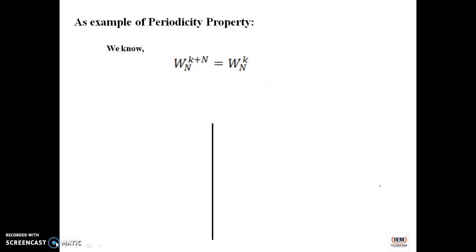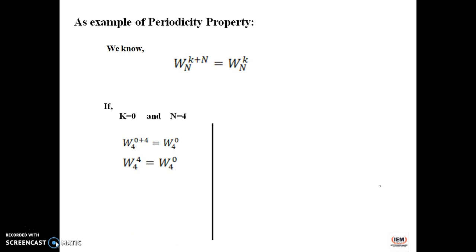Now for periodicity, if k equals 0 and in place of n we write down 4, then W4 0 plus 4 equals W04.